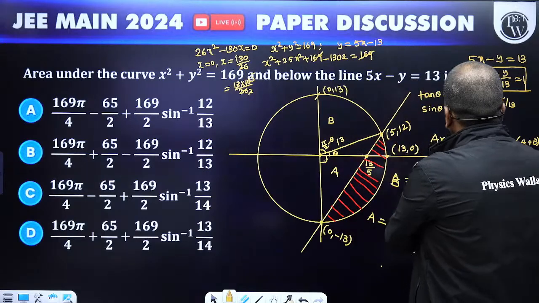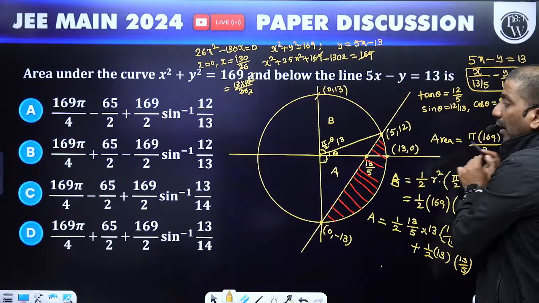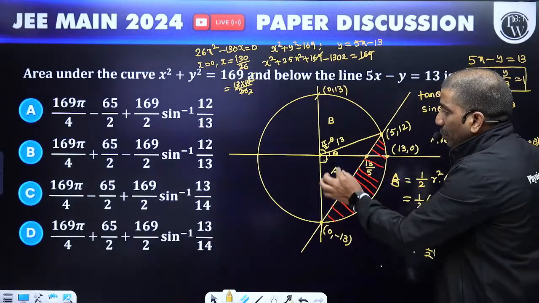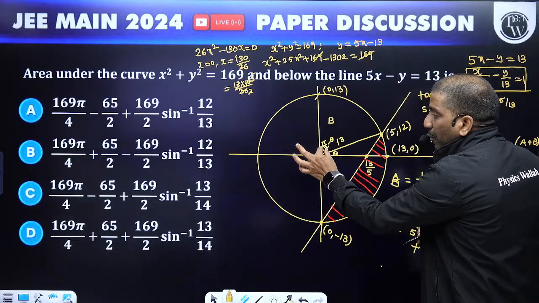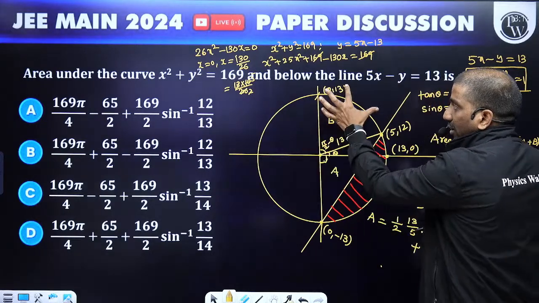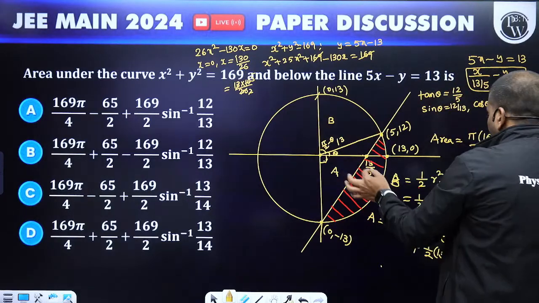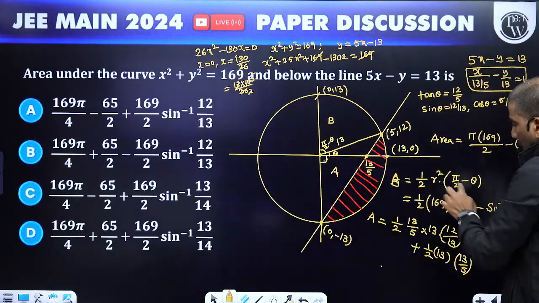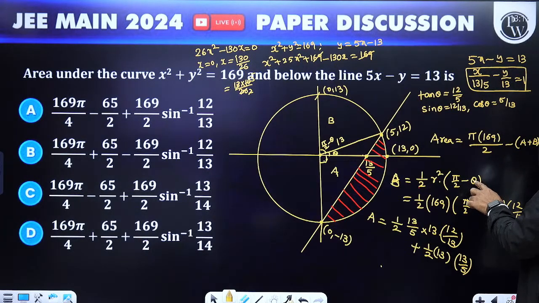Pi r square, so that is 169 pi by 2. Now B, what is B? Here the angle I have taken is theta, this would be pi by 2 minus theta. Sector. What is the formula for the area of a sector? Half r square theta, but theta is pi by 2 minus theta. R square is 169, theta is sine inverse of 12 by 13.